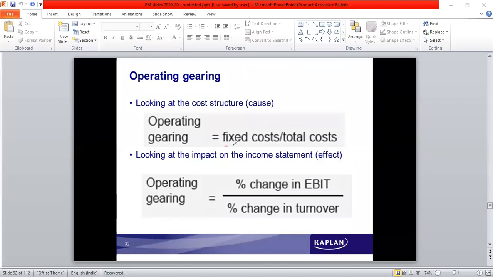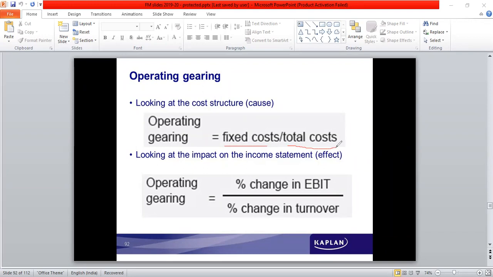What portion of the fixed cost is there in their total cost is what is first calculated. The gearing arises when the firm has the ability to use fixed cost in their total cost component. So operating gearing is equal to fixed cost divided by total cost.